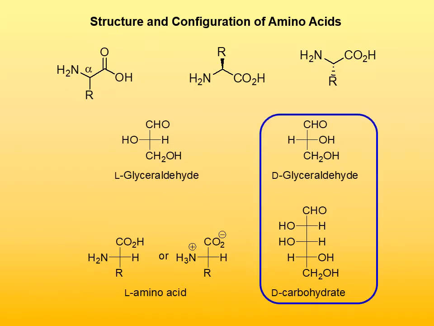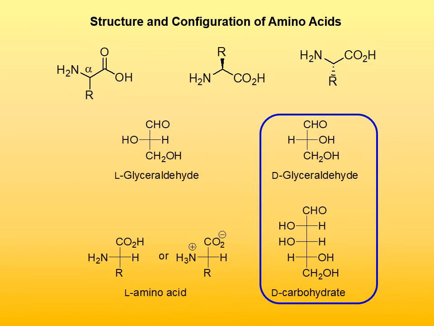After amino acids and proteins, we'll cover carbohydrates. And what is interesting is that naturally occurring carbohydrates are D. So while naturally occurring amino acids are L enantiomers, naturally occurring carbohydrates are D enantiomers. And those D enantiomers are structurally related to D-glyceraldehyde.